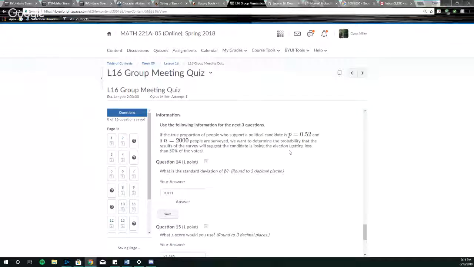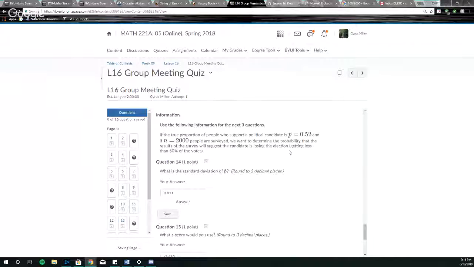I completely guessed though with using 0.49 for my p hat because we're trying to figure out the probability of him losing, and 49 is losing, I guess. I could have done like 0.499, I guess. I don't know. I'm not sure how accurate he wants us to be, or if I'm doing the wrong thing in figuring out p hat.